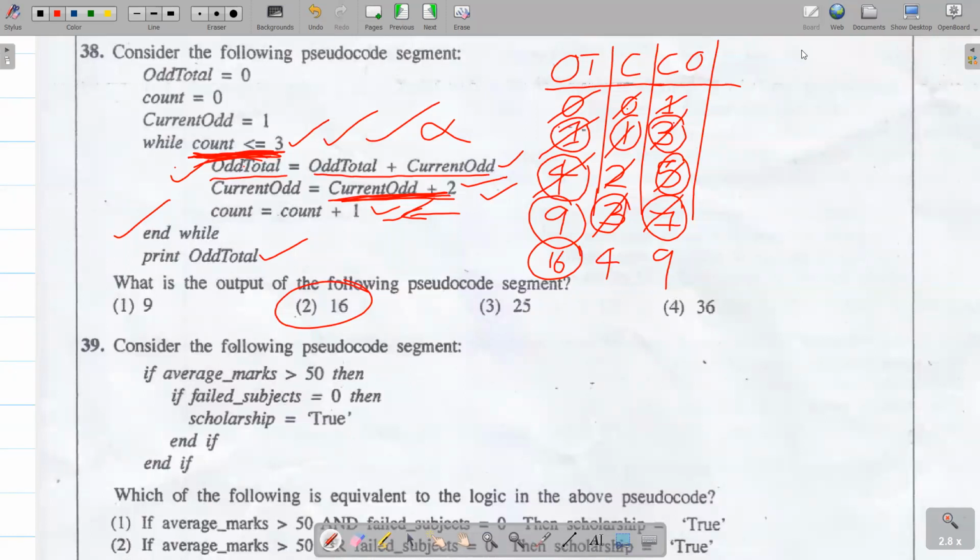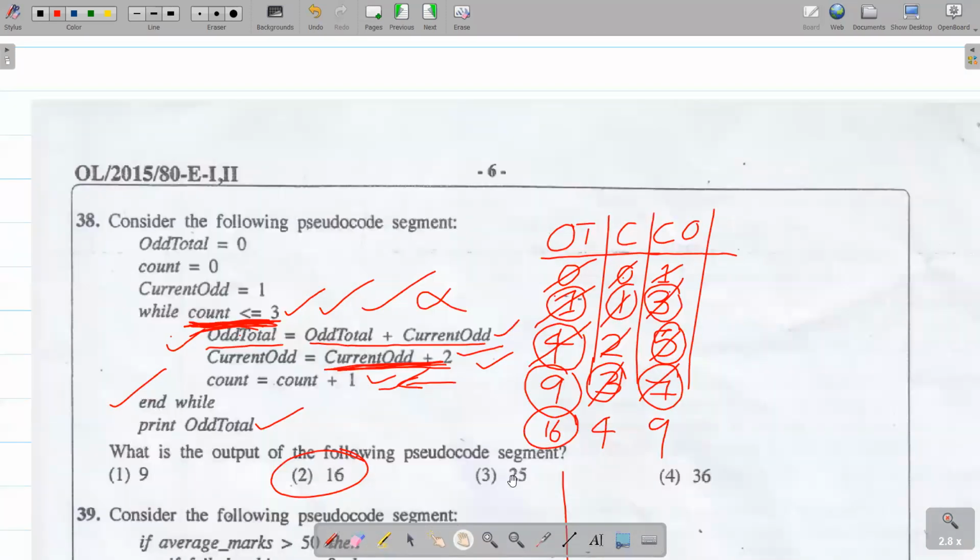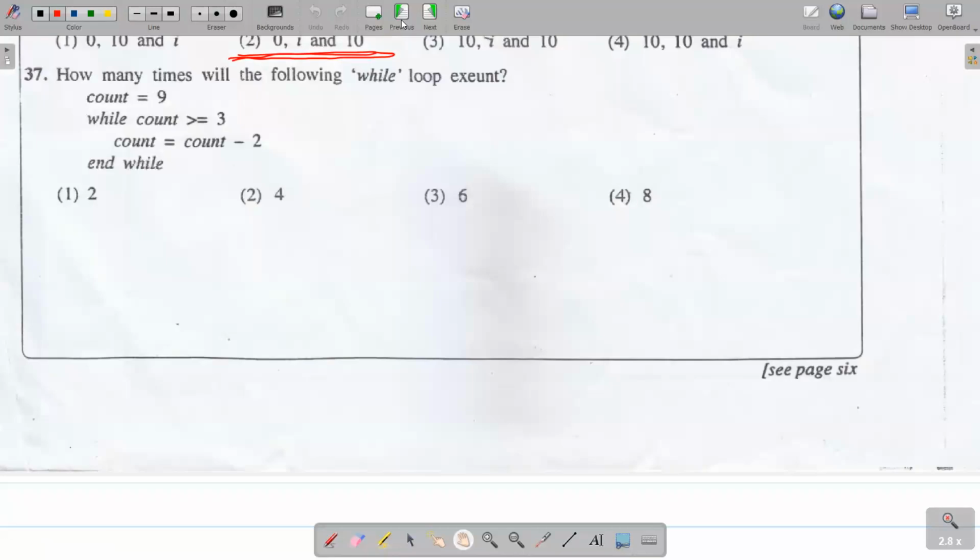So the 37 is requested. Let me check the 37. It says how many times will the following while loop execute? So we have to count the execution times.